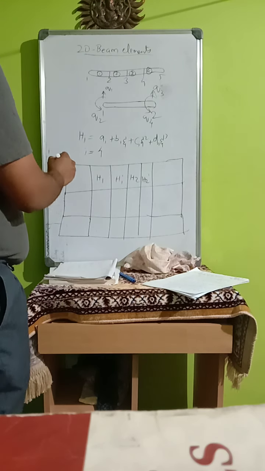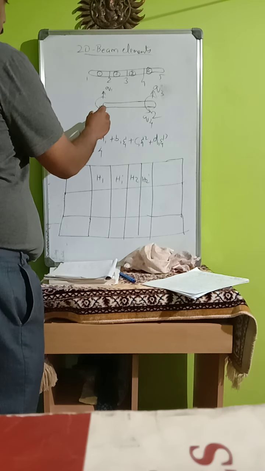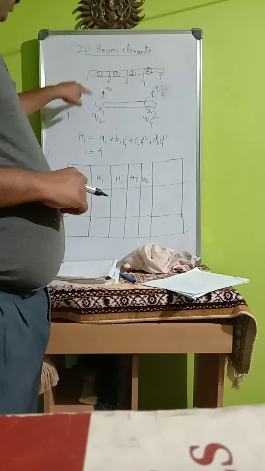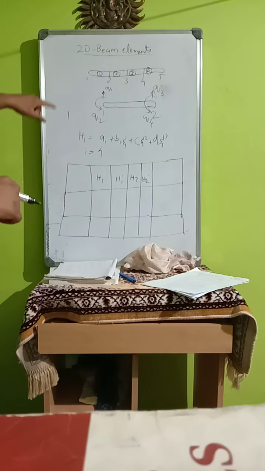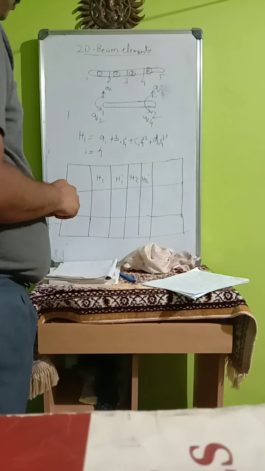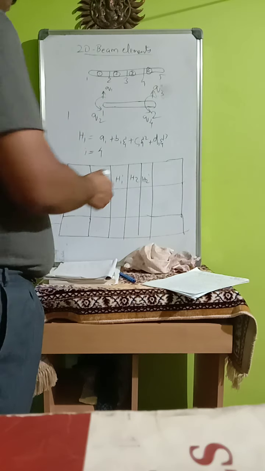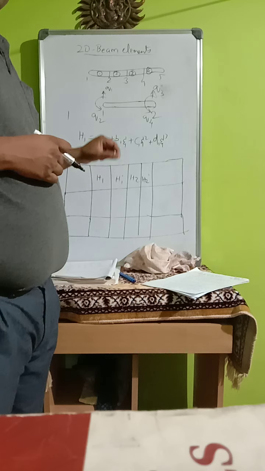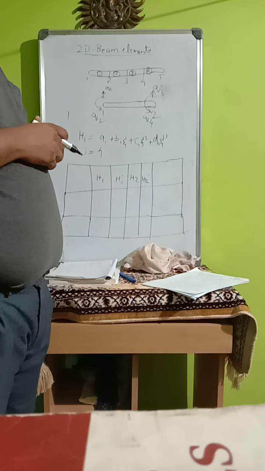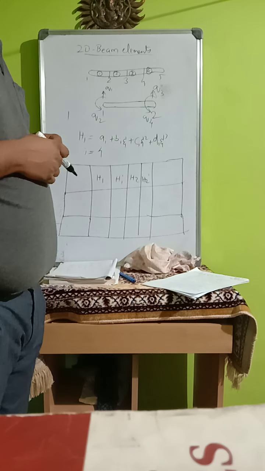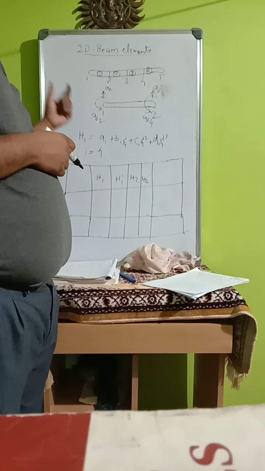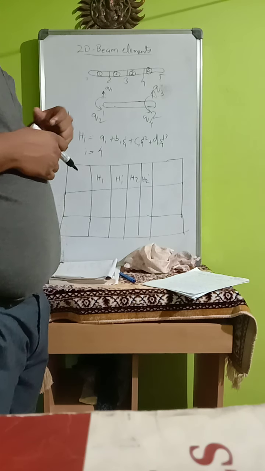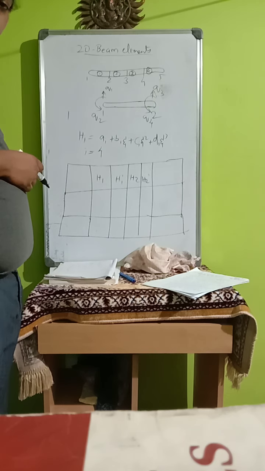With respect to node number 1, we have q1 and q2. q1 corresponds to transverse displacement and q2 is the rotation, which is nothing but the derivative of the transverse displacement, that is the slope. If it is y, it will be dy by dx. So q2 is the slope.